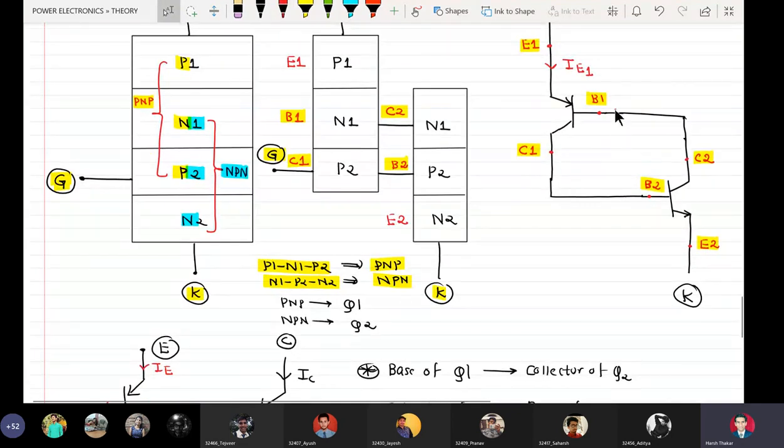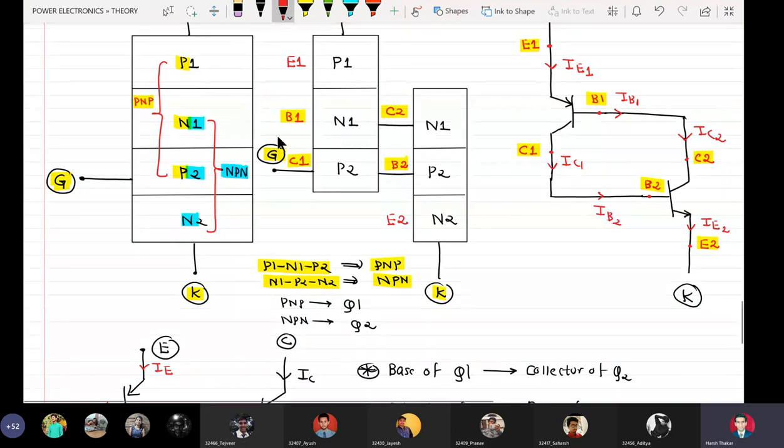So here, this is the current IB1, this is the current IC1. Similarly, this is the current IC2, this is the current IE2, and this is the current IB2.